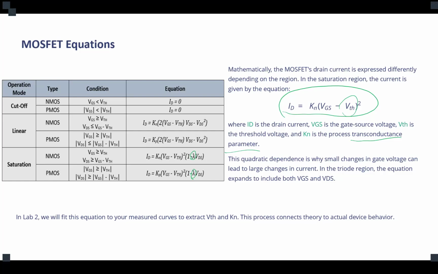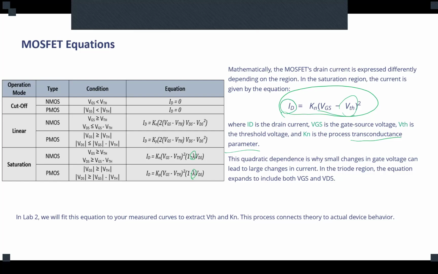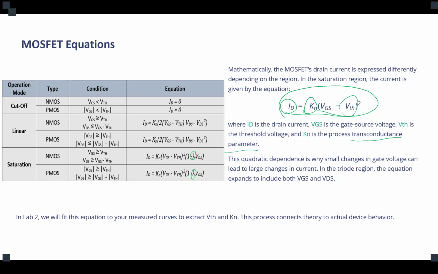Now, when you pass that threshold, you're applying a voltage between gate and source, which you know the amount of voltage. And you are also measuring the current passing through the drain. So now you have the values of these two voltages, and you have the value of the current. Easy math. You can find the Kn of your specific MOSFET that you're using. Is that clear? So this is how you can calculate the Kn based on your measurement.